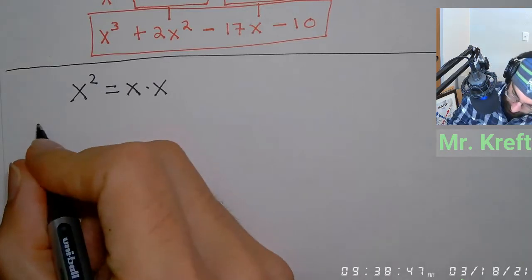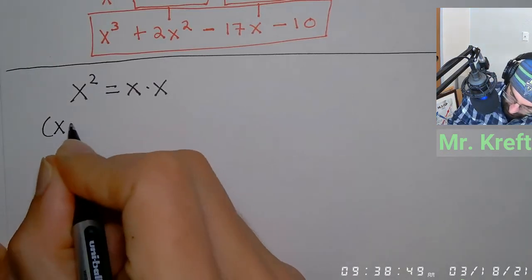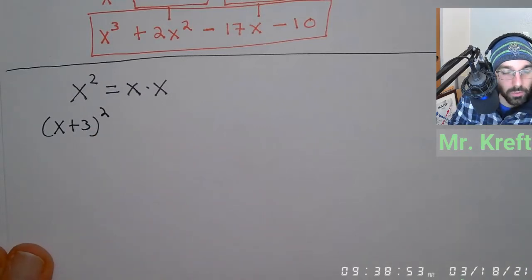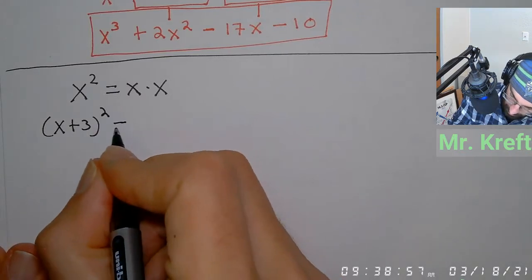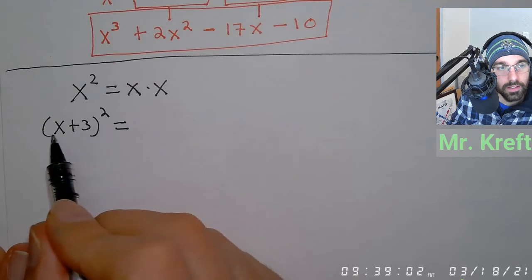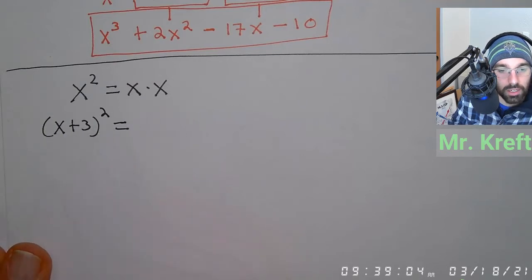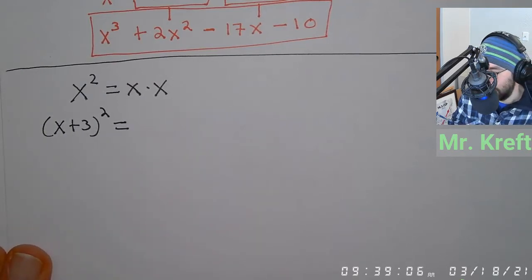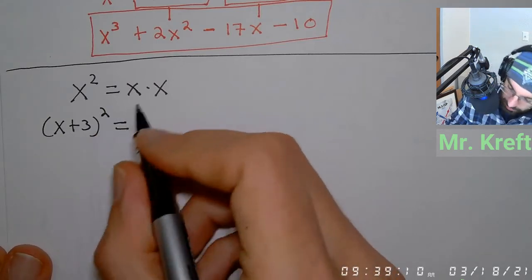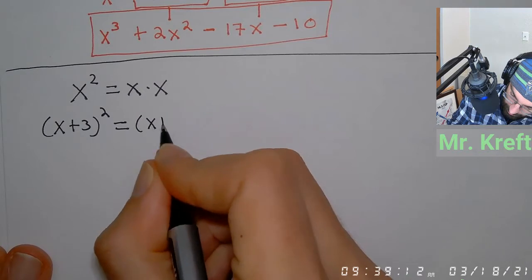So if I have x plus 3 quantity squared, what do you think that equals? Right, what does this equal? So if x squared is x times x, then the quantity of x plus 3 squared would be it's just going to be itself times itself.